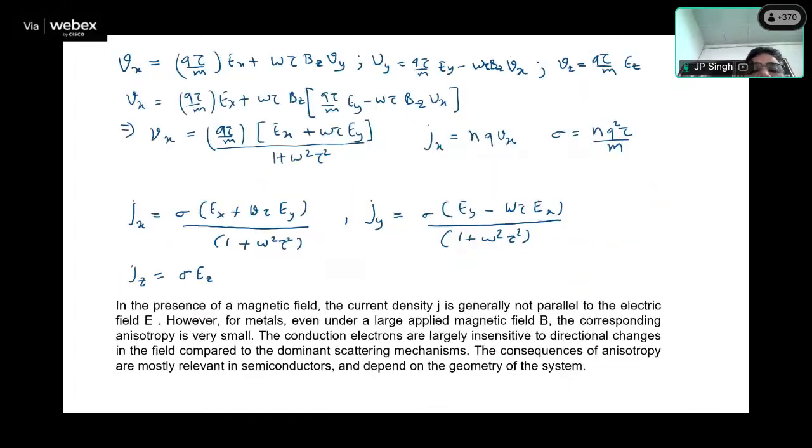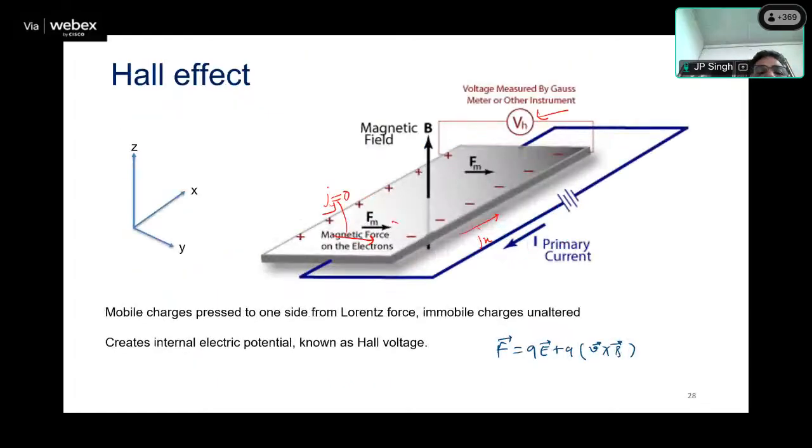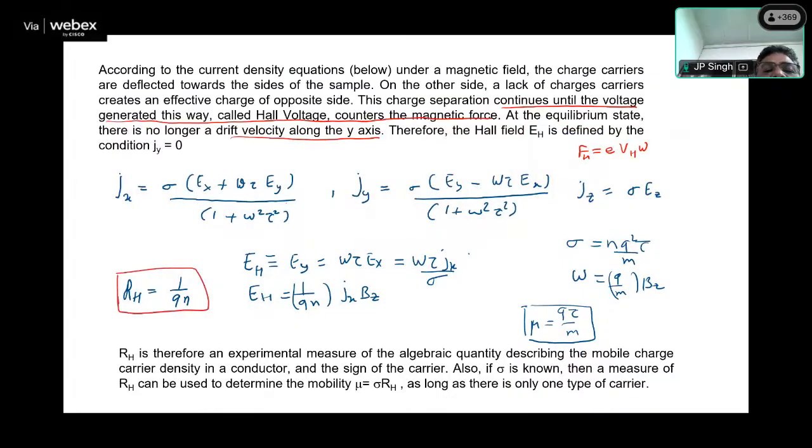Now you see, we have already calculated the current density in the y direction and the electromagnetic field in general. I already wrote these three equations there. So what we can do is make this Jy zero under the equilibrium condition.